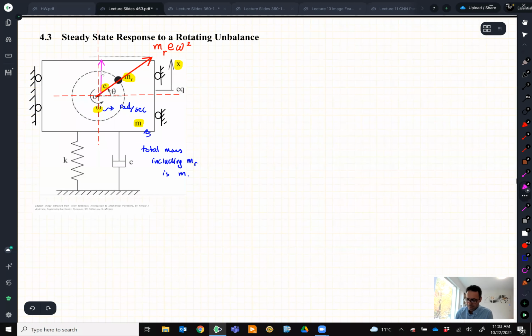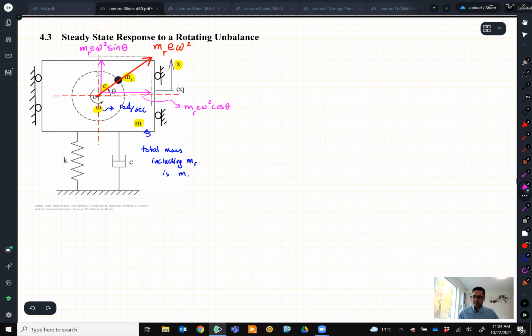This one is going to be MR E omega squared sine theta, the component of this load. Of course, it has another component, but that other component doesn't do anything for us in terms of vibration. The horizontal one will be MR E omega squared cosine theta, but it does not create any vibration.